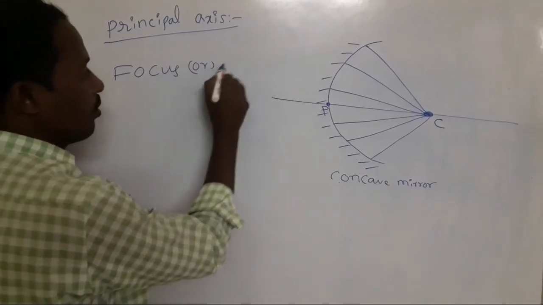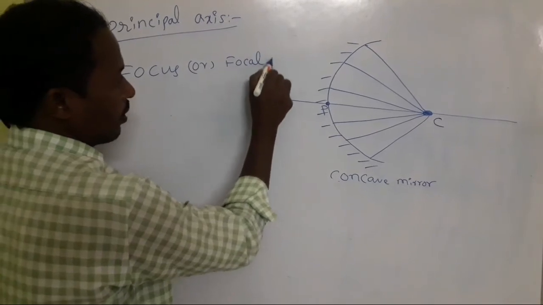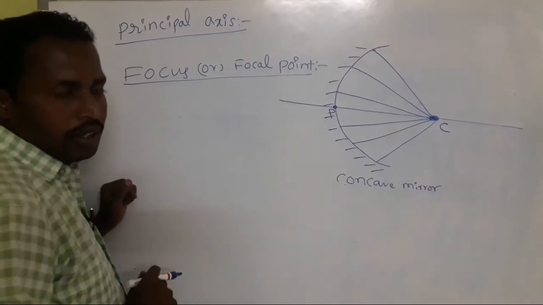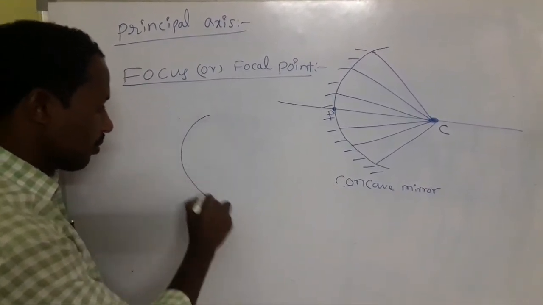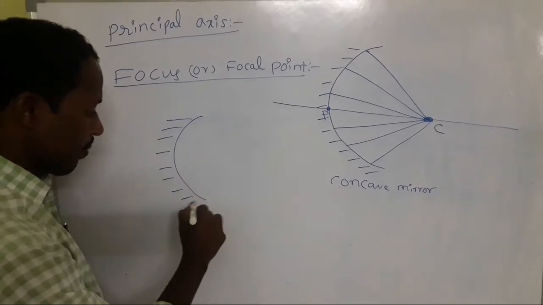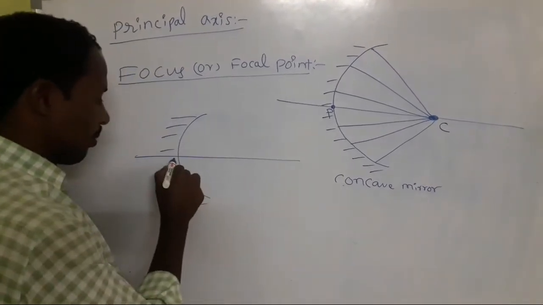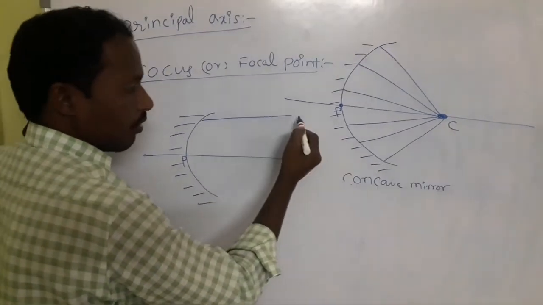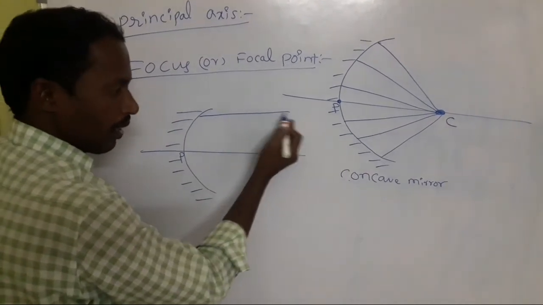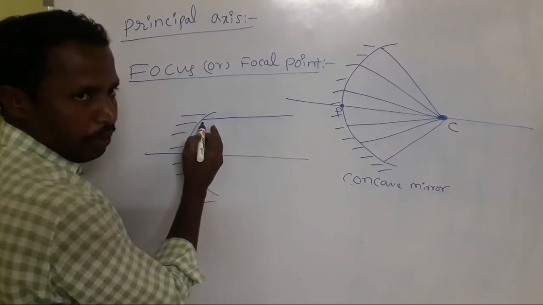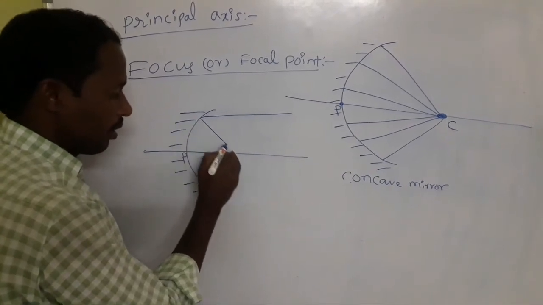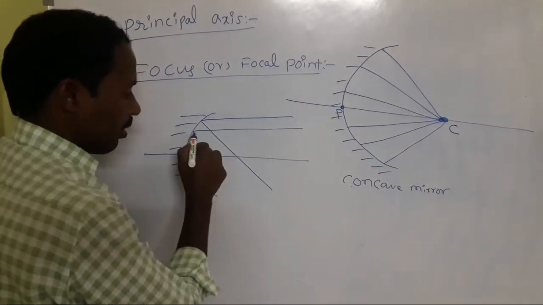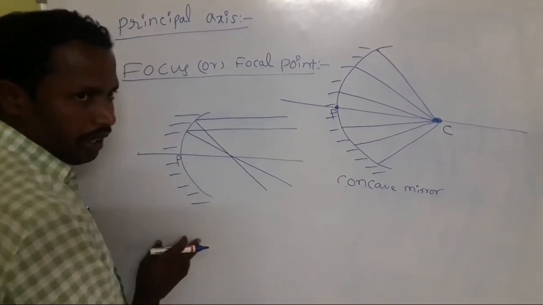Next, focus or focal point. Here, for example, is a concave mirror with its pole and principal axis. Light rays from the sun fall on the concave mirror and get reflected.